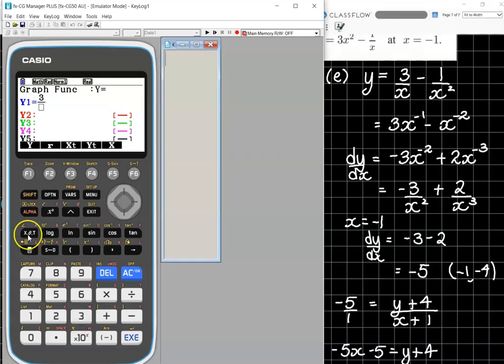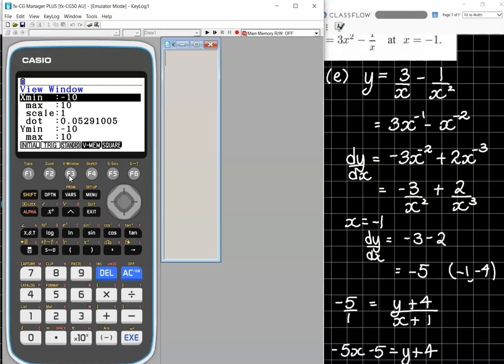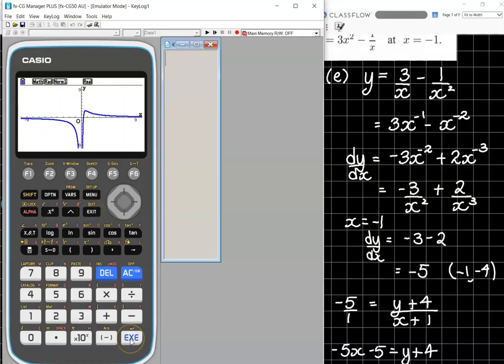So 3 over x minus 1 over x squared. Before I graph anything, what should I now set my scale to? Standard, so we're going to go Shift, View Window, Standard. It was already set to that. Press Exit. I draw, I get that. What a funky looking graph, love it.